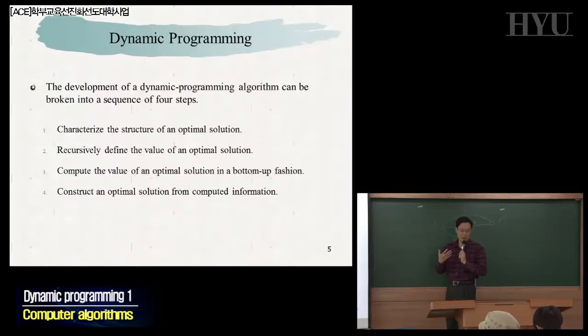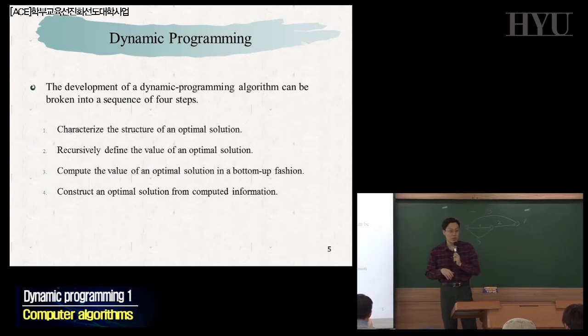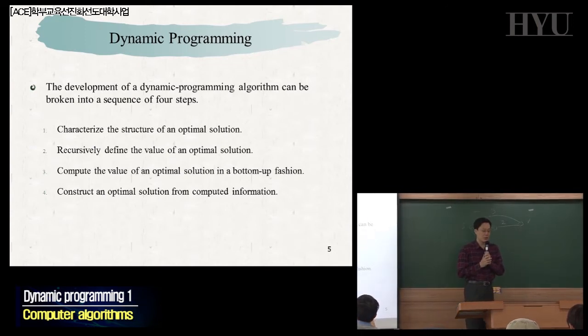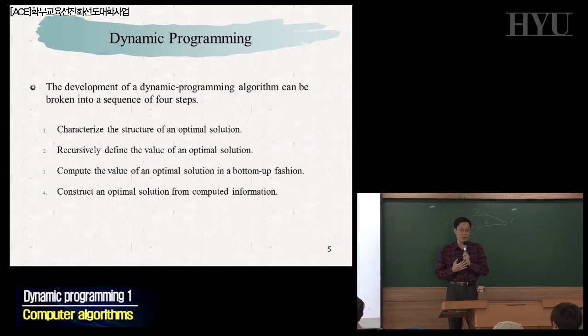And developing dynamic programming algorithms can be divided into 4 steps. In the first step, we characterize the structure of an optimal solution, and then recursively define the value of an optimal solution.